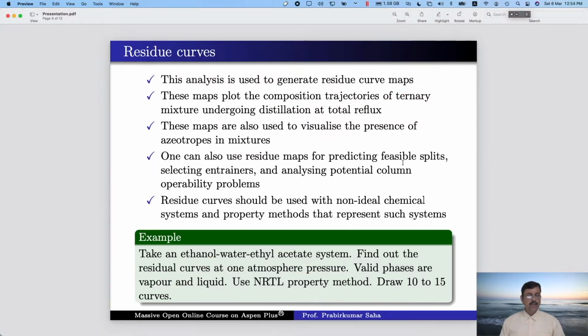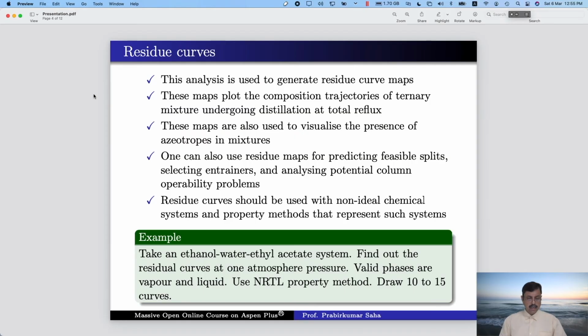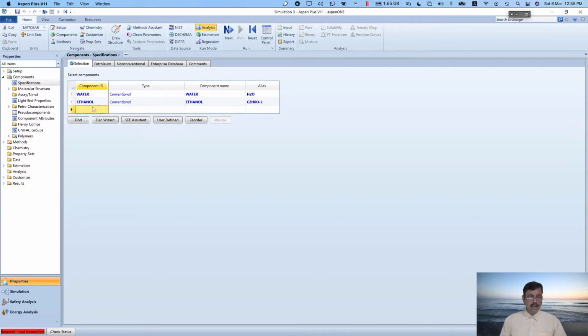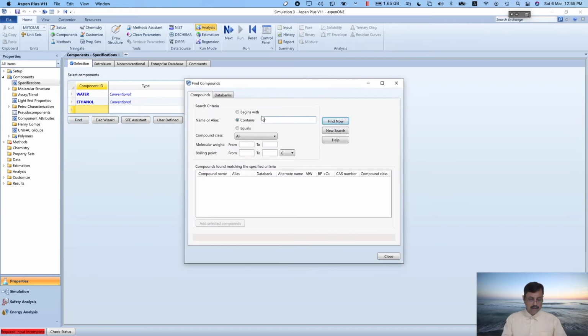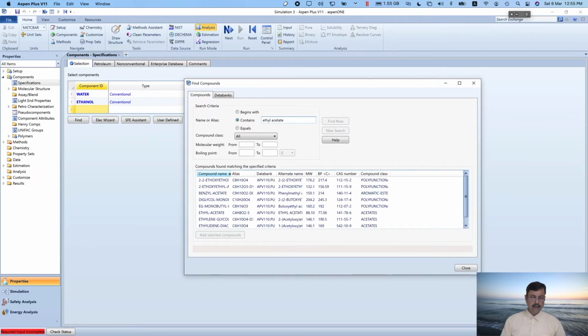So for that, let us again go back to our Aspen Plus window. So you have water, ethanol and ethyl acetate. Find it. Yeah, we are looking for this particular component.